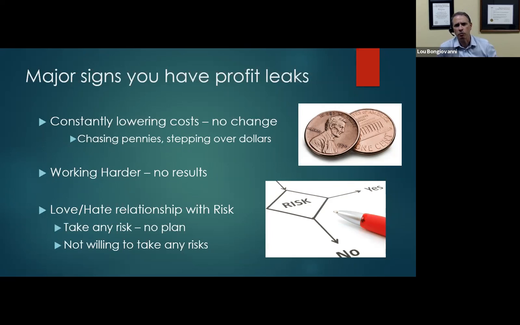A love-hate relationship with risk is another major sign. The risks are inevitable to take as you're trying changes and looking to improve the company. The problem becomes when they're not calculated risks, when you're saying, okay, I'm going to open up this new location and I'm going to invest X amount, $50,000, in this new location, and I'm going to give it 9 months, 12 months to give me this kind of return on my investment.